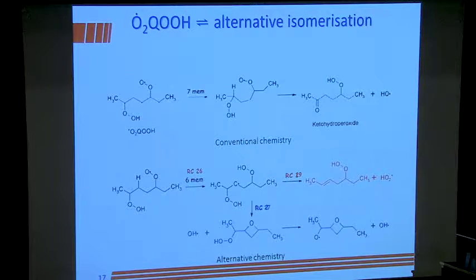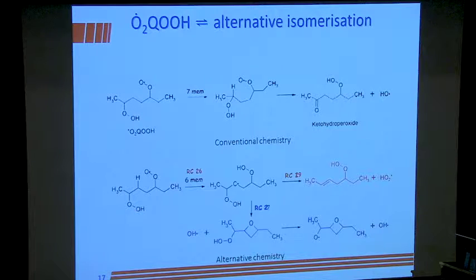This olefinic hydroperoxide will eventually cleave the O-O bond, just like this one will, to give an olefinic alkoxy radical plus OH. This will give us a carbonyl alkoxy radical plus OH. So the only difference is we're getting an HO2 in this case, we're getting an OH in that case.